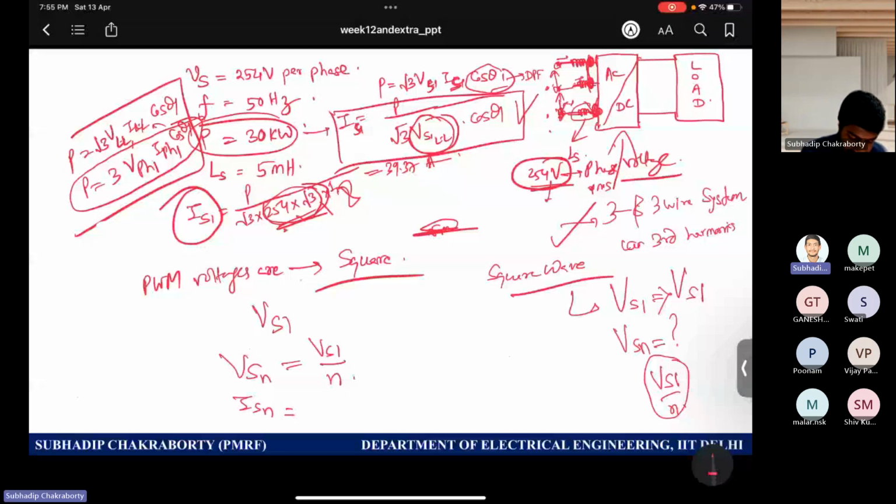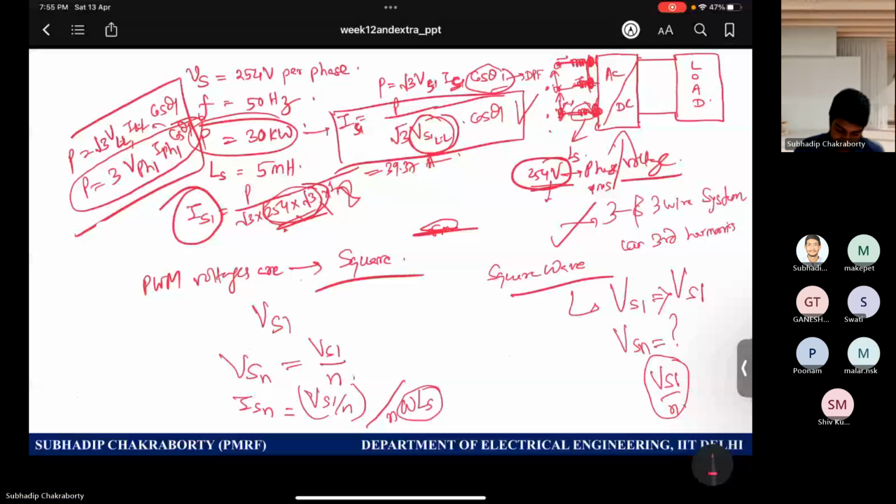So this harmonic voltage you determine, divided by the impedance offered by the inductor to that harmonic voltage. What is that? N times omega L, right? So what is that? N square times XL, or XL1 you can write.